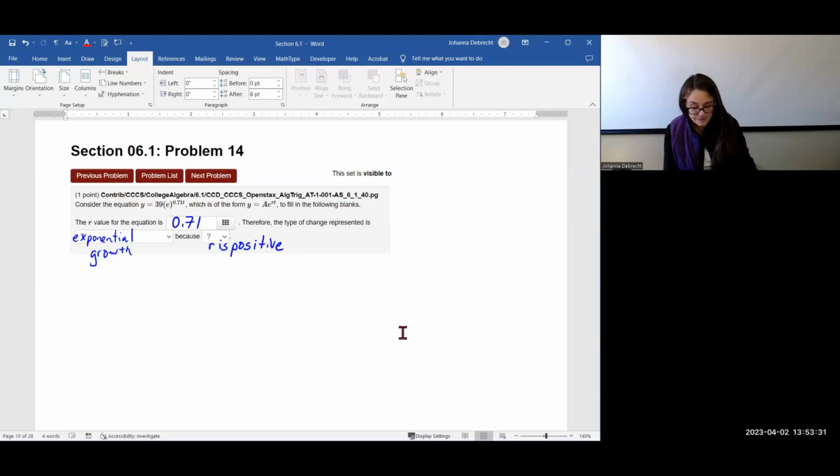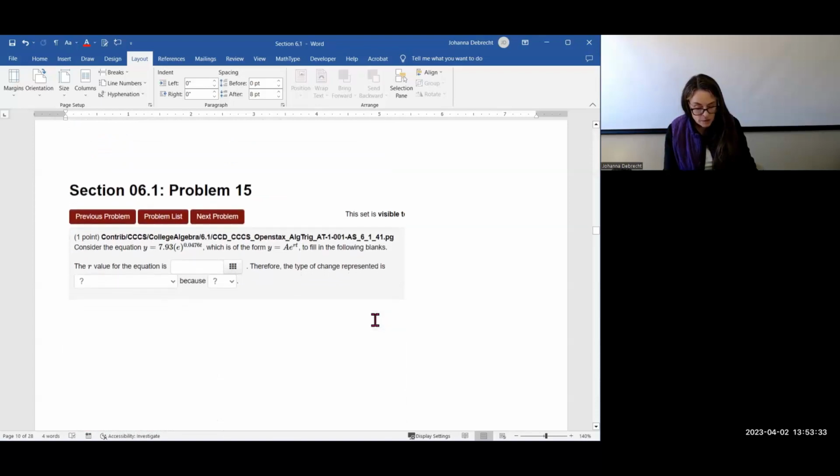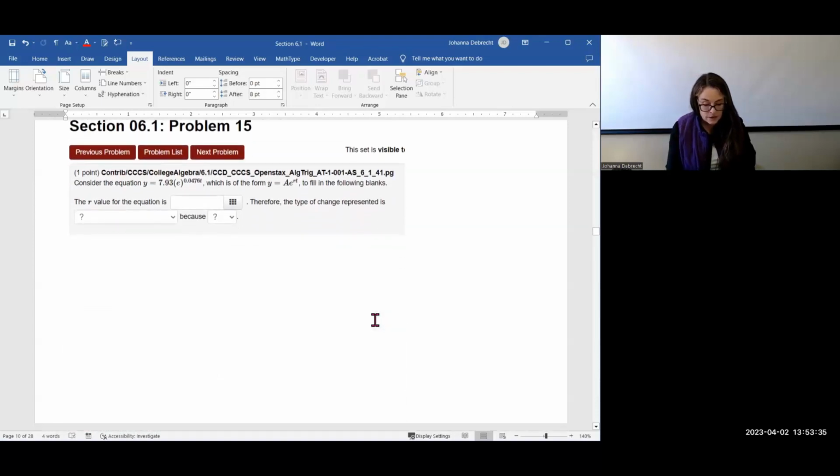Now we want to look at this next equation and do the same thing we've done before. So go ahead and pause the video, then turn the video back on, and let's compare our answers.